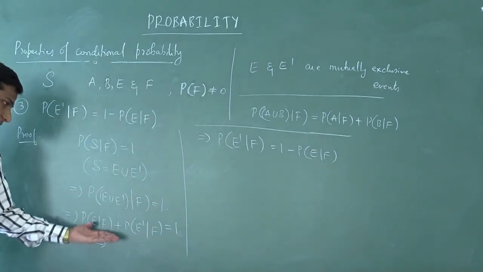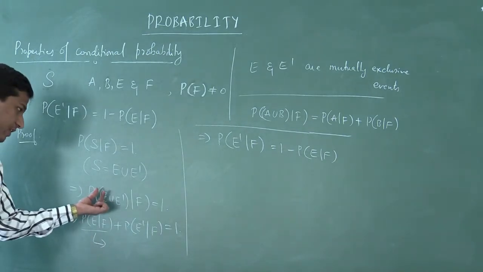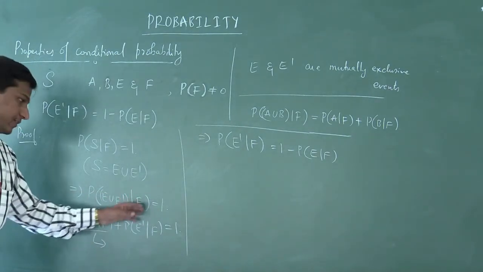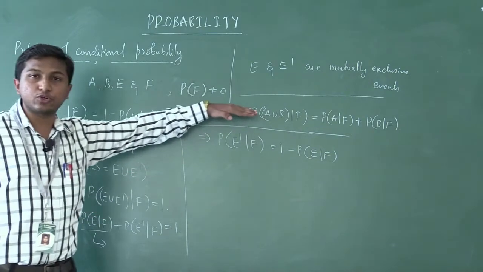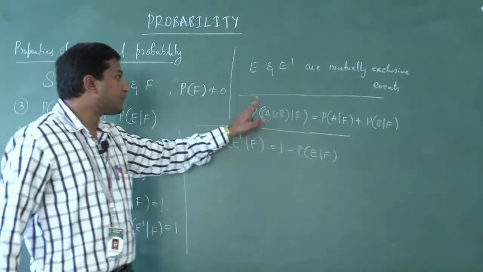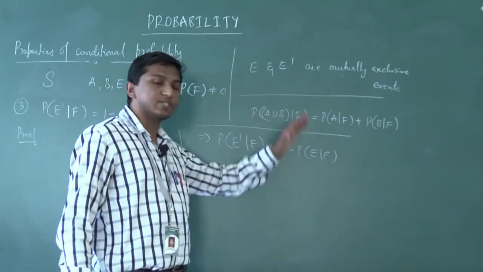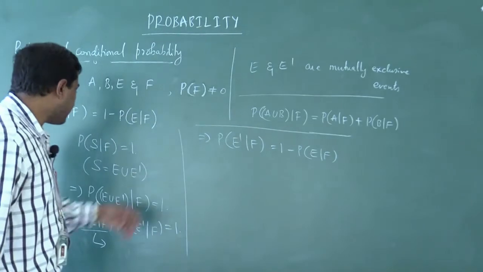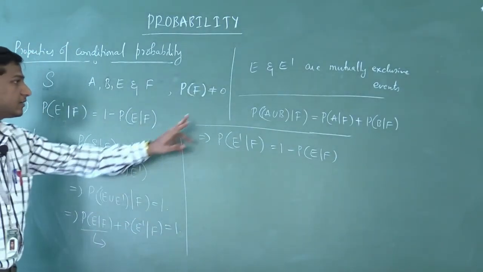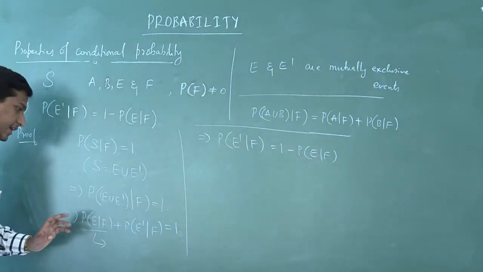So I explain this once again. P of E union E dash bar F is equal to 1. We have used property number 2, special case: P of A union B bar F equals P of A bar F plus P of B bar F. In the place of A we have E, in the place of B we have E dash.